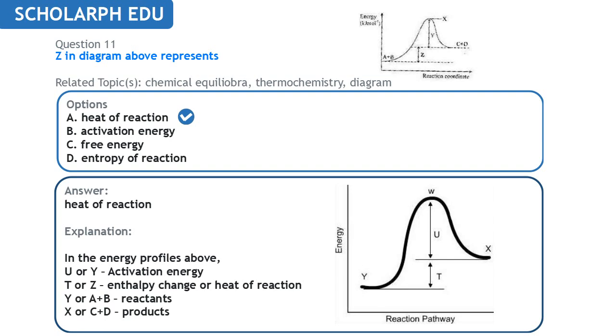This Y, or this U here, is called the activation energy. The C plus D here, or the X that is here, is the product, while this is the reactant. The W at the top here is the activation complex. So basically what we have to identify is this Z here, and that is the heat of reaction.